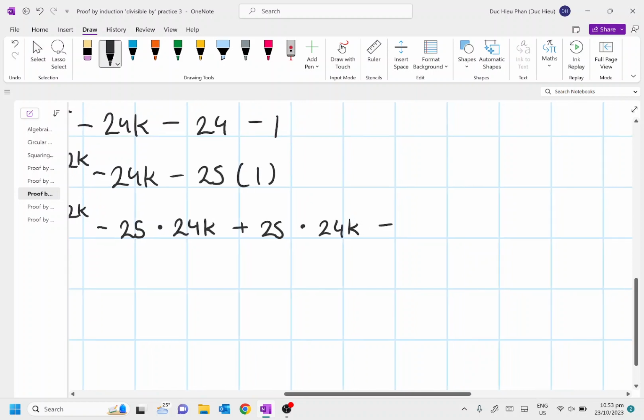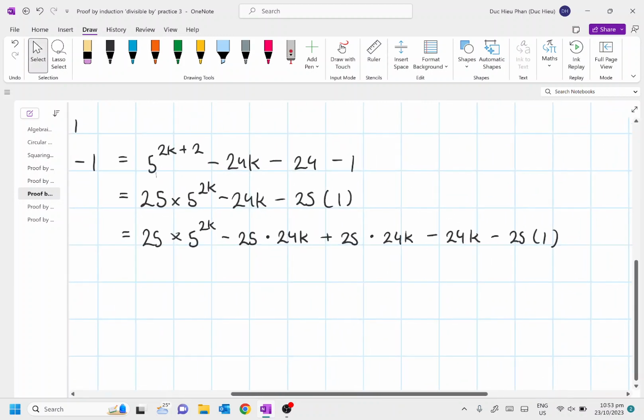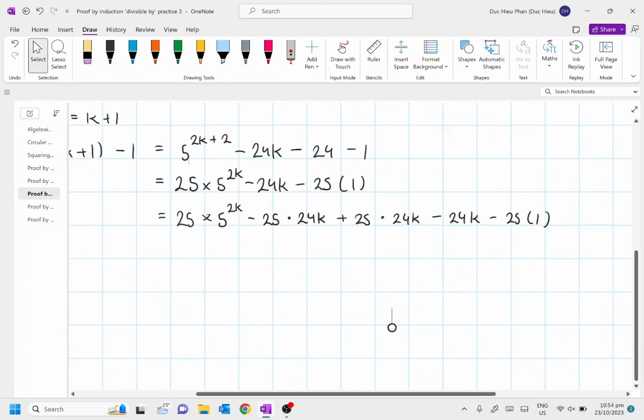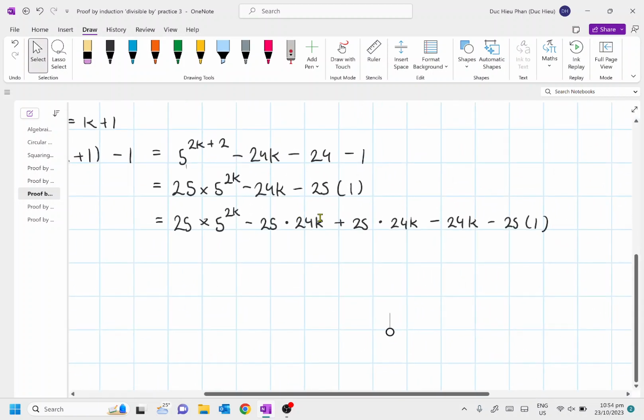And then we have the normal 24k and minus 25 times 1. Now what's going on here? This right here is 0. We technically didn't change the value of this equation. But because we need minus 24, we don't need positive 24.